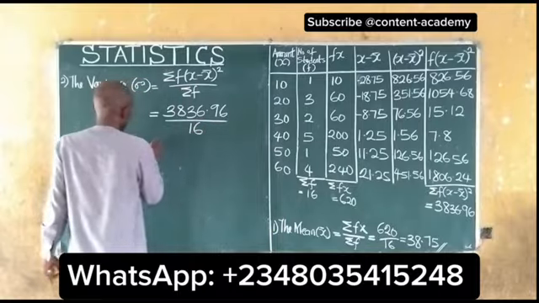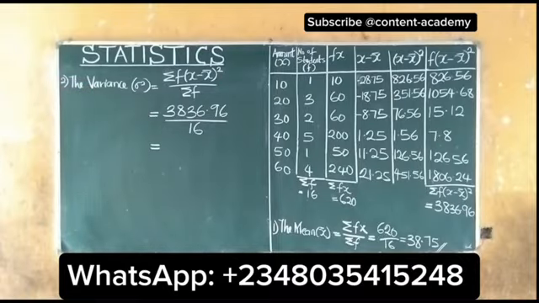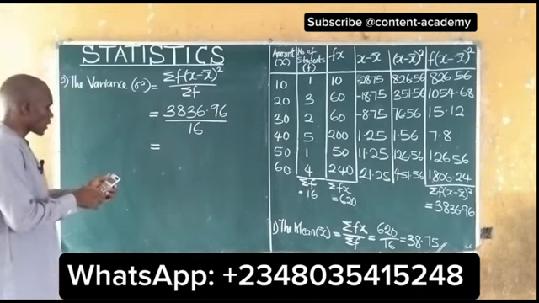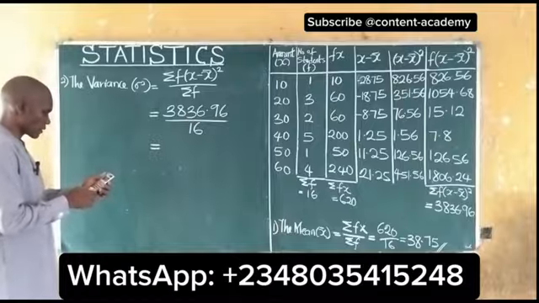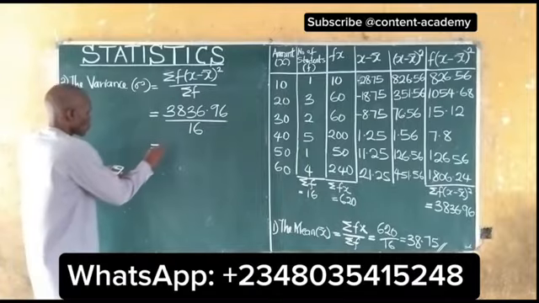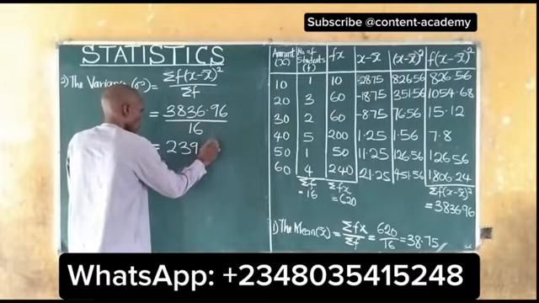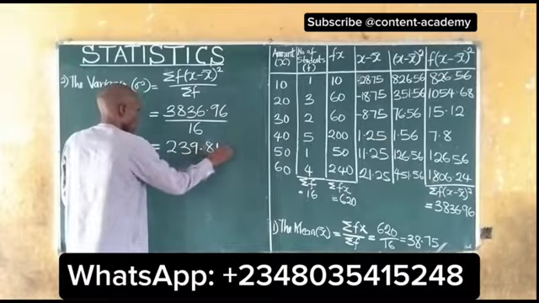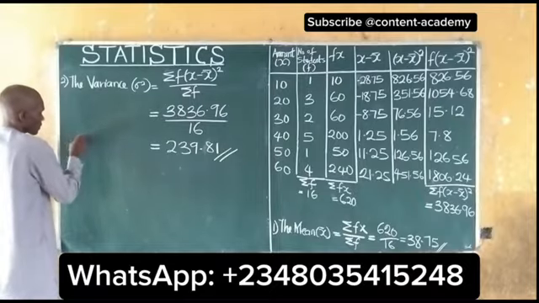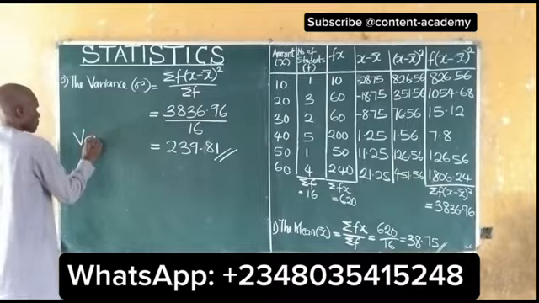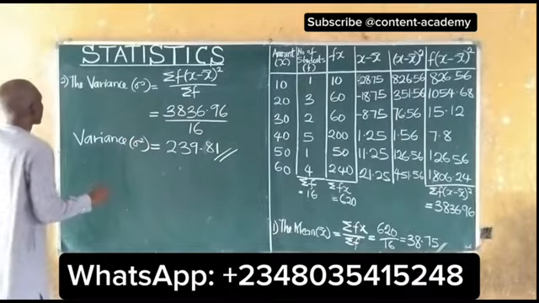So 3836.96 divided by 16 is equal to 239.81. So this becomes our variance. Our variance is this.